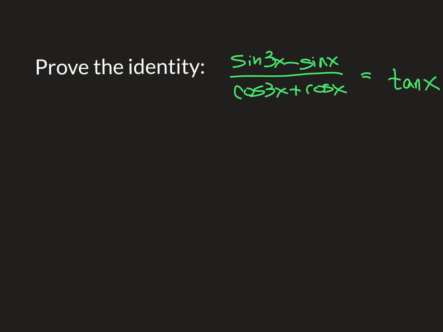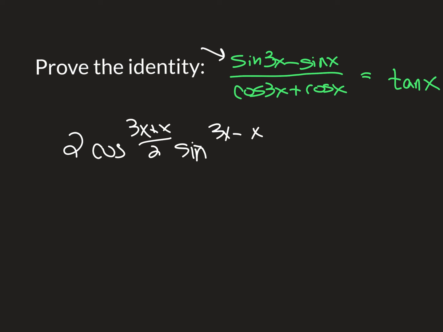One more thing here. We're going to prove an identity using some of these great formulas that we have now. We're going to prove that sine 3x minus sine x over cosine 3x plus cosine x is really just tangent x. On the numerator, I have a sine subtraction, so I'm going to use the sum to product formula. When I do that, I get 2 times cosine of (3x plus x) over 2, times sine of (3x minus x) over 2.